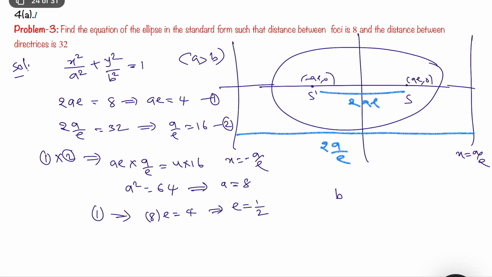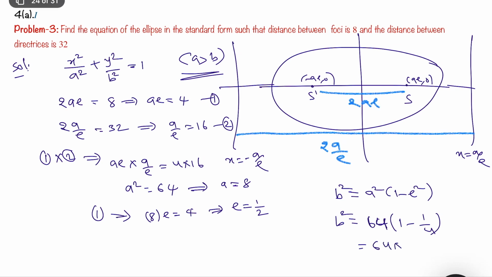So we have relation b square equal to a square times 1 minus e square when a greater than b case. Okay. So the b square going to be a square, that is 64 times 1 minus e square going to be 1 by 4. Now we have this 64 times 3 by 4.